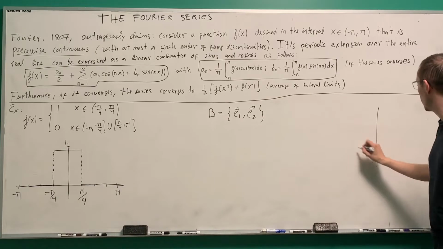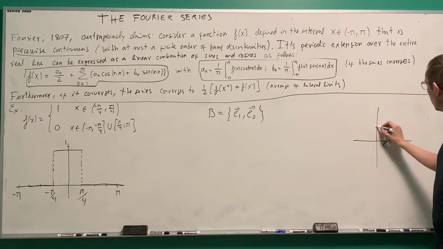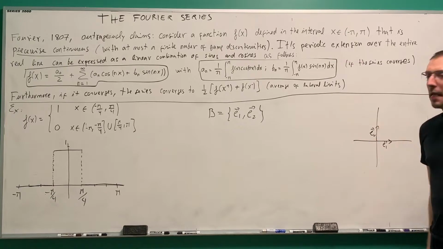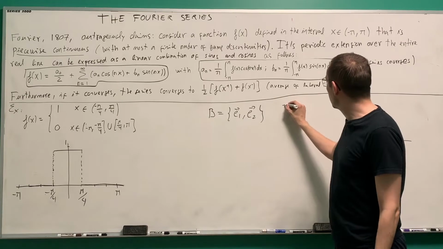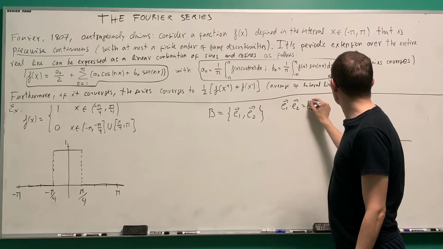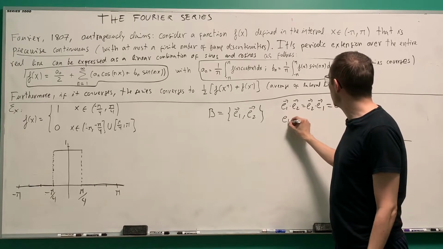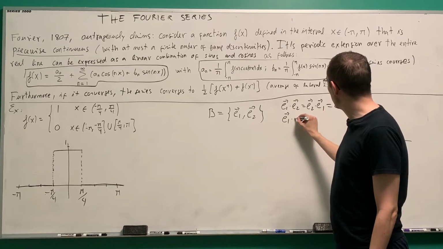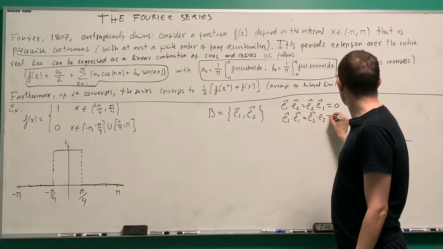Think of R2 as a plane, and then we have here e1, e2, right? Then I know in an orthonormal basis, orthonormal means that the vectors are orthogonal. e1 times e2 equals e2 times e1, where this is the inner product, equals 0. And then e1 times e1 equals e2 times e2 equals 1.